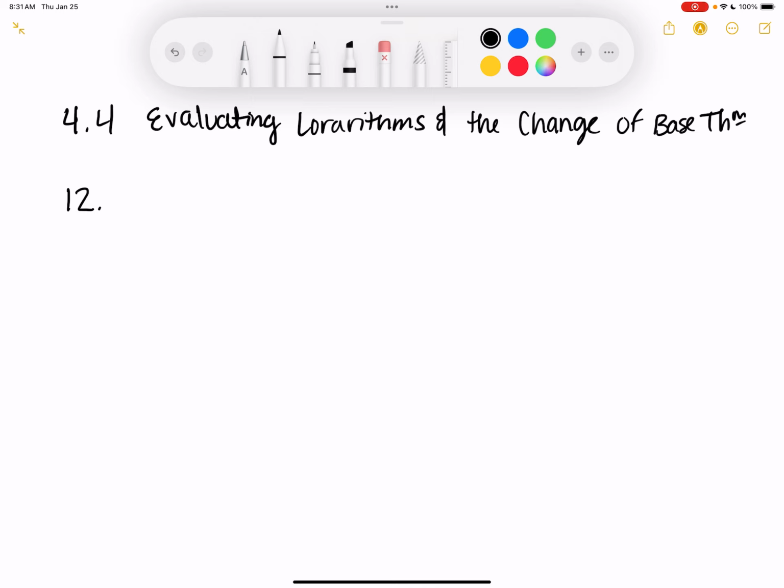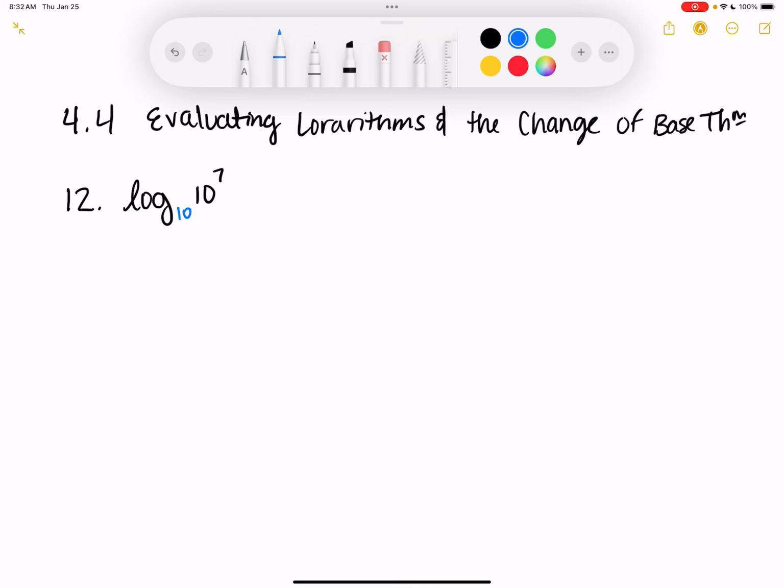So 12, we have log of 10 raised to the 7th. This one doesn't have a base written, but we know that means base 10.